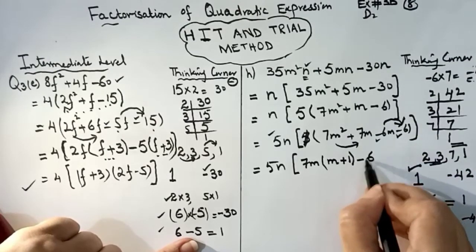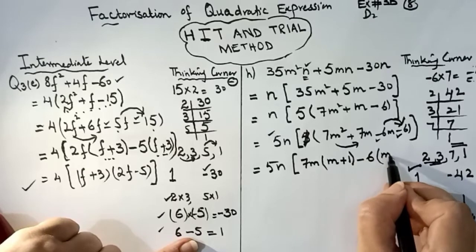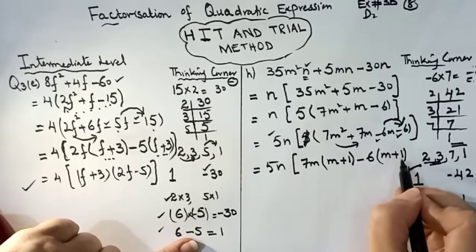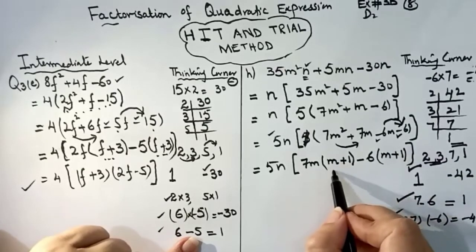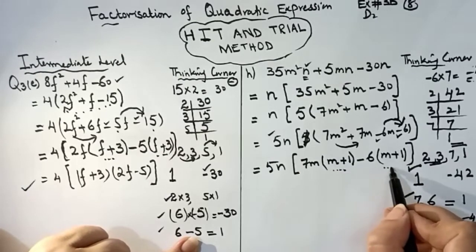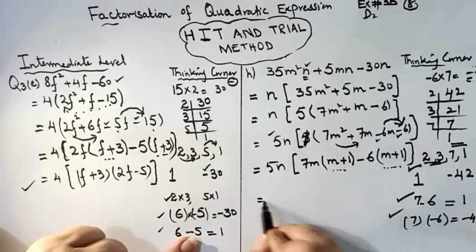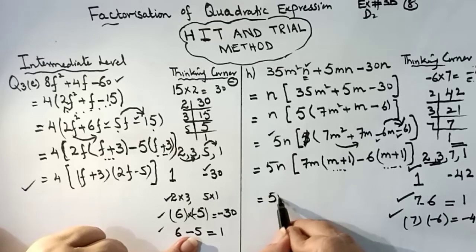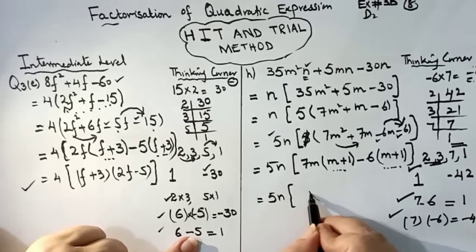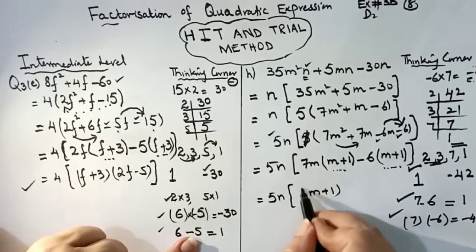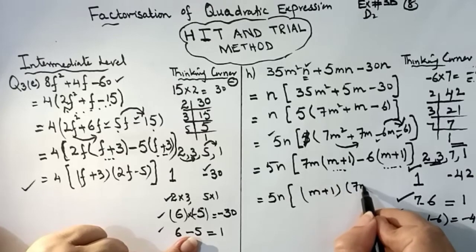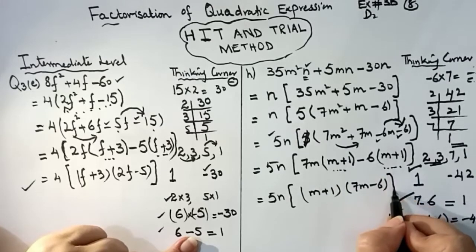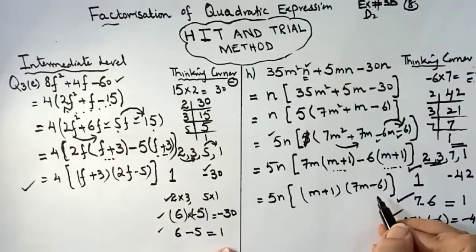So minus 6 will be outside, and inside the bracket we will have m plus 1 and close the bracket. Again, m plus 1 is the common group. So I will extract it out: m plus 1, 7m minus 6. I hope you have understood the lesson.